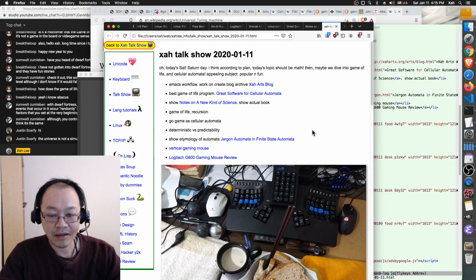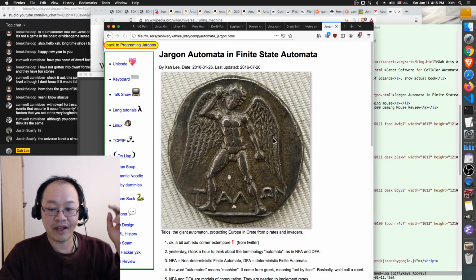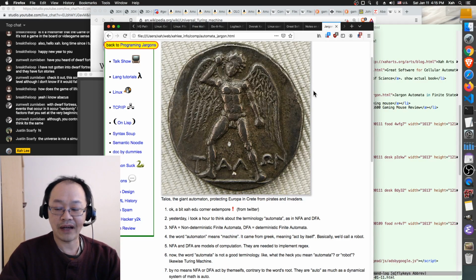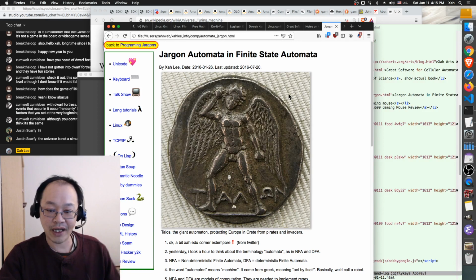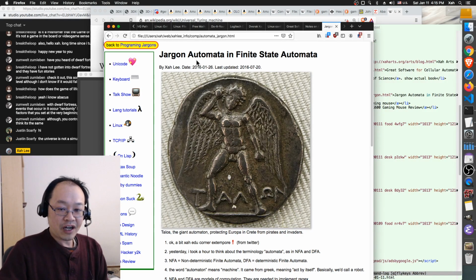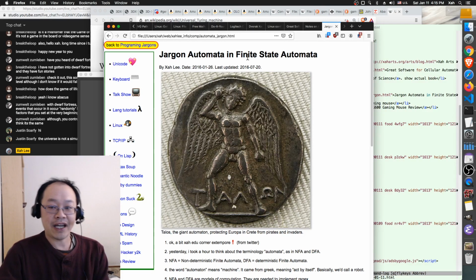And so let me show you one more thing. Two more things actually. One of the things I want to show you is the Game of Life recursion, and the other one is the jargon automata in finite state automata.